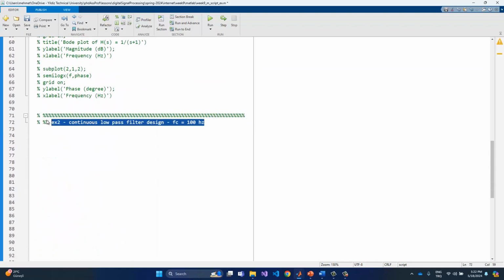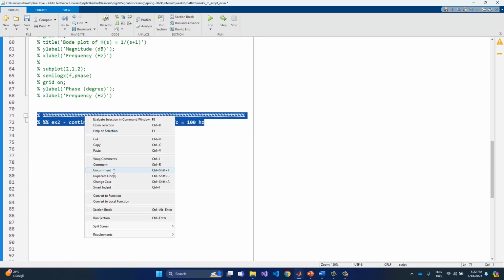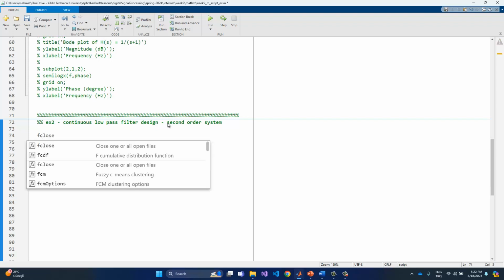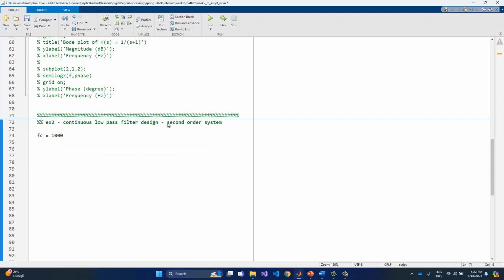So in the x3 we need to implement the low pass filter, but as a second order system, right? First of all, fc can be set to the value 1000, and zeta may be chosen as 0.7. We will look at or analyze the zeta selection here, okay?